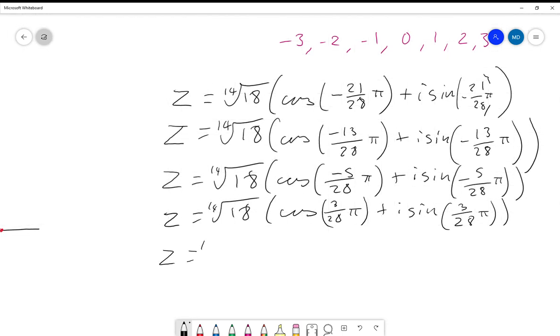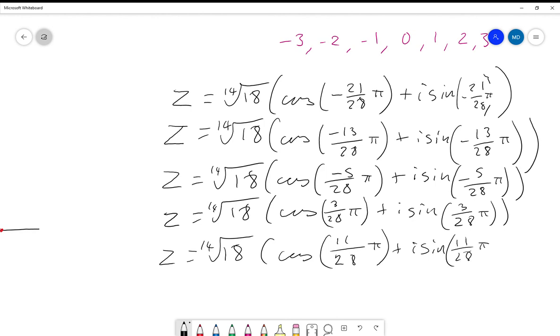Z equals 14th root of 18 multiplied by cosine of 11 over 28 pi plus i sine of 11 over 28 pi. And you might be able to spot a pattern at this point.